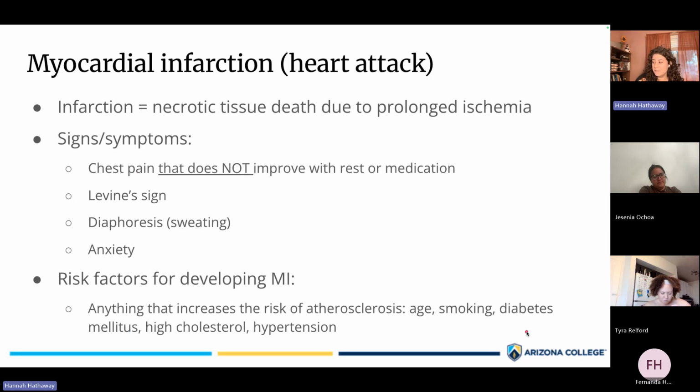Diabetes, specifically uncontrolled diabetes, and hypertension also both can cause damage and inflammation to the vascular endothelium, which is why they increase the risk of atherosclerosis. And then, of course, high cholesterol or hyperlipidemia, because those atherosclerotic plaques are comprised in part of fat. If you have more fat in your blood, it increases the risk of developing atherosclerosis. So all of these things increase the risk of developing a myocardial infarction. There are other things too, but these are the ones that all make sense in the context of atherosclerosis.